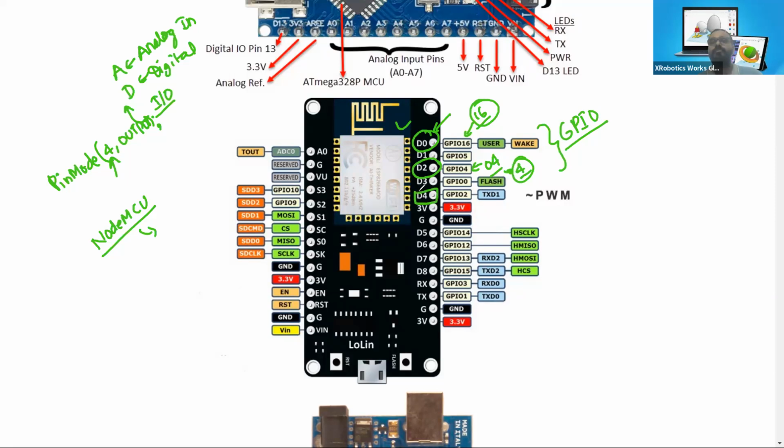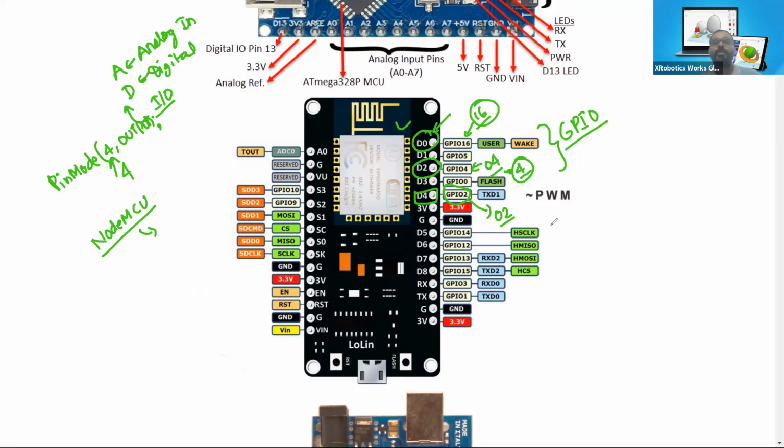Because if we write down the 4, then it won't work for the D4, because for the D4 what we do have is GPIO 02. So we have to write down 02 to activate this particular pin. Otherwise you can write down D4 or D3 to directly address those pins available in your microcontroller.